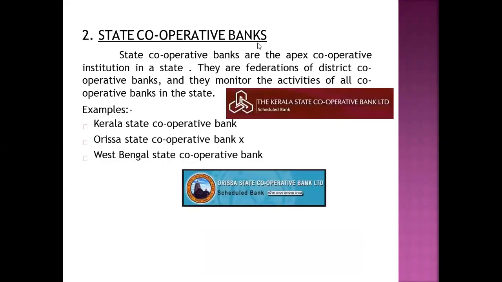Next, state cooperative banks. State cooperative banks are the apex cooperative institutions in the state. They are federations of district cooperative banks, and they monitor the activities of cooperative banks in the state.